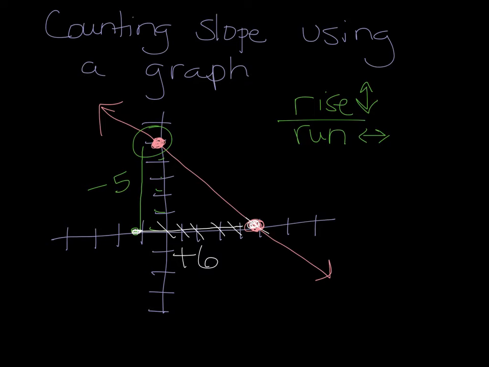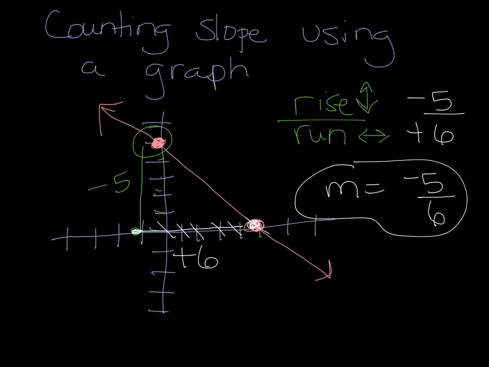My rise is -5 and my run is positive 6. So the slope of this line is -5/6. The slope of a line is always going to be a fraction, and if you can reduce it, you will always reduce it.